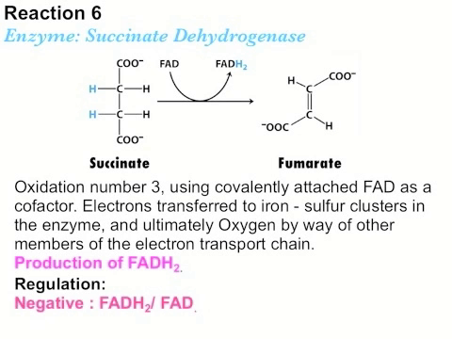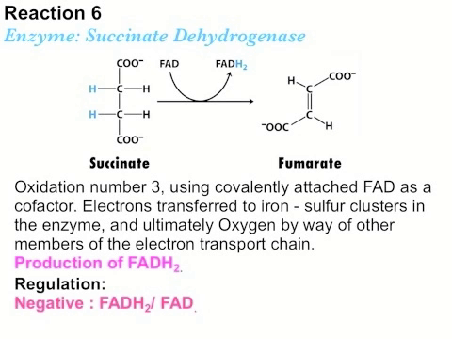The electrons from succinate are transferred to iron-sulfur clusters within the succinate dehydrogenase enzyme. Ultimately, oxygen will accept these electrons by way of the electron transport chain. This is because succinate dehydrogenase actually is involved in the TCA cycle and in the electron transport chain. And we'll look at this a little bit later on.